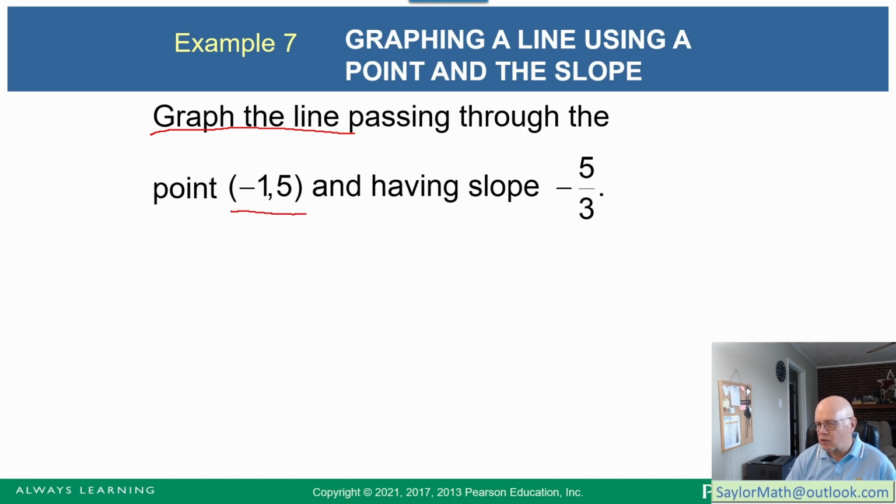Here's one of those many points that it goes through. And we also know that the slope is -5/3. Right away you ought to tell yourself, oh, it's going downward from left to right, and it's a bit on the steep side. But how can I get the actual line?